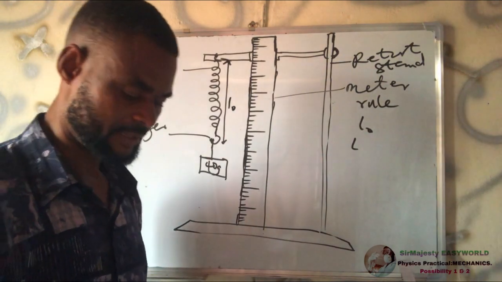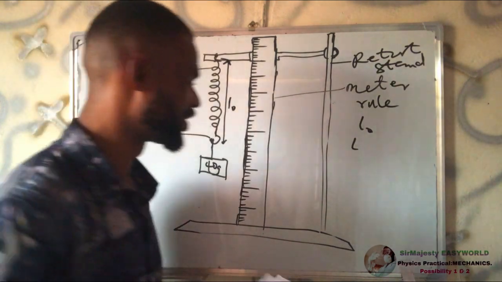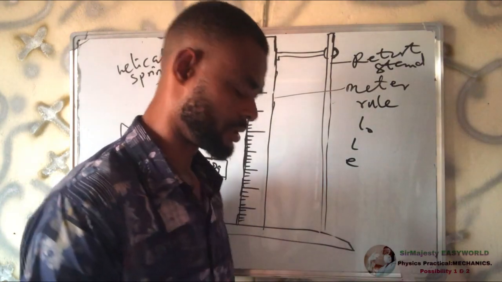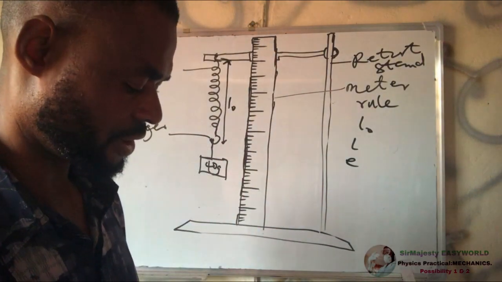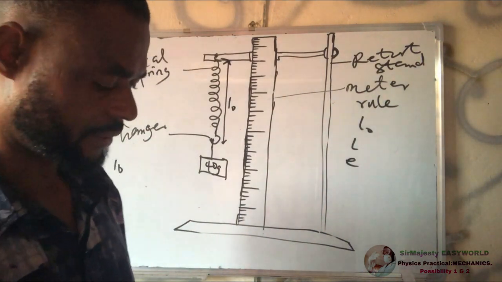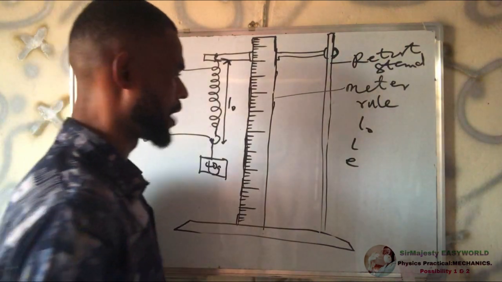Then after doing that, determine the extension E of the spring. And how do you determine the extension?